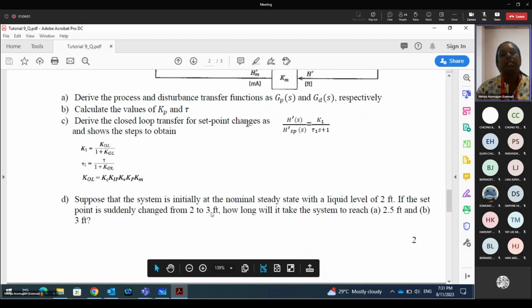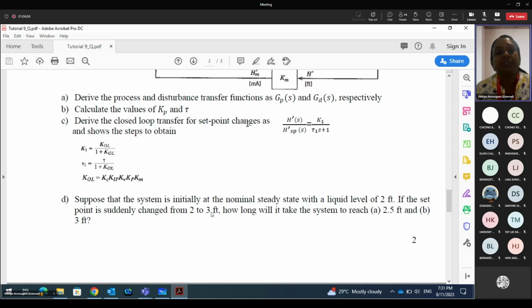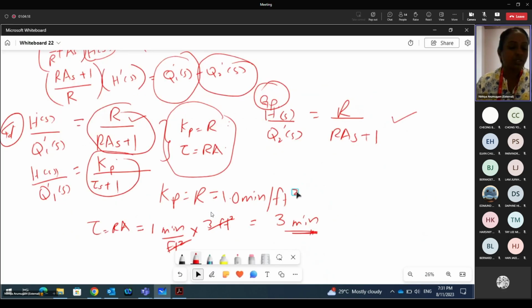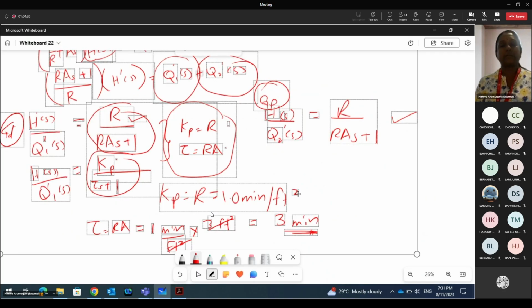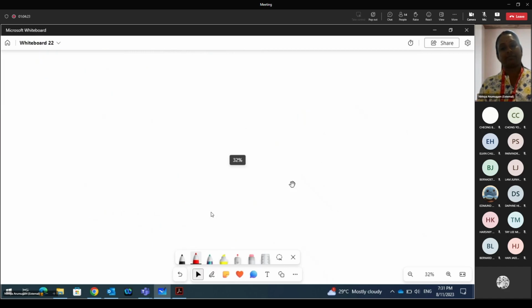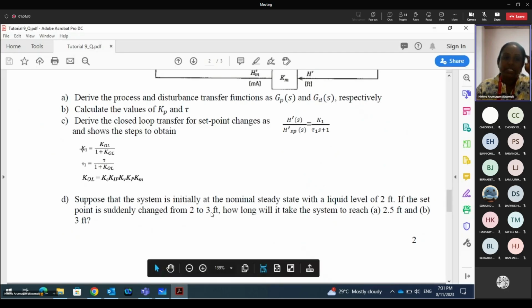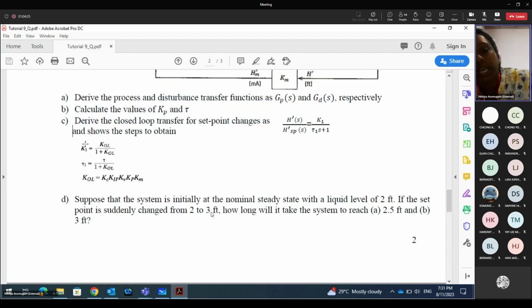Part C asks us to derive the closed loop transfer function for set point changes, meaning it has to be expressed in terms of H over HSP, and show the steps to obtain it. So it is also provided in the question as K1 equals KOL over 1 plus KOL.